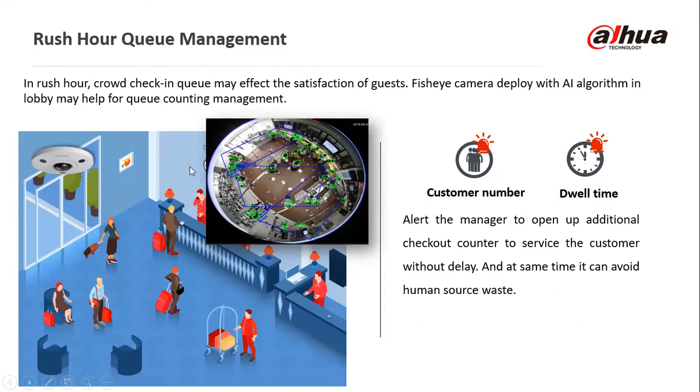Not only counting the number of people in a queue, but also identifying, let's say you have multiple reception sides and customers are spending more time in a certain queue. You can have alarms and respond in a timely manner. It can also inform the manager that you're having quite a number of people, and you can open another reception or counter.